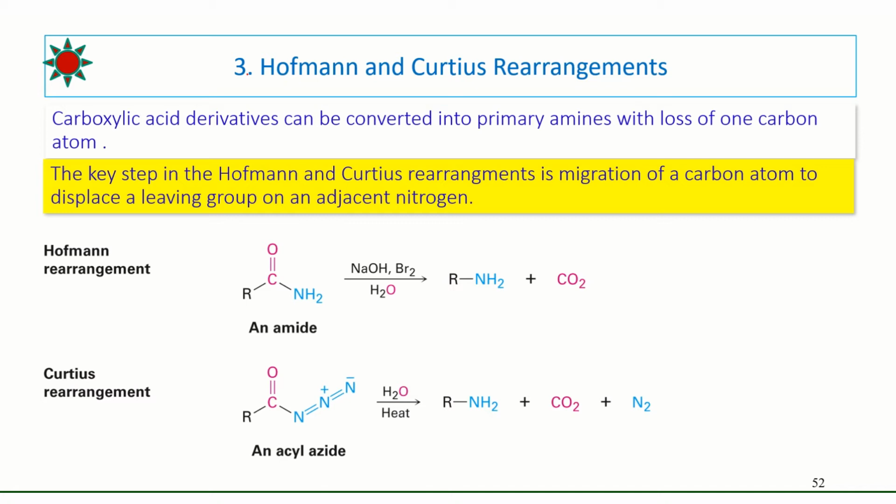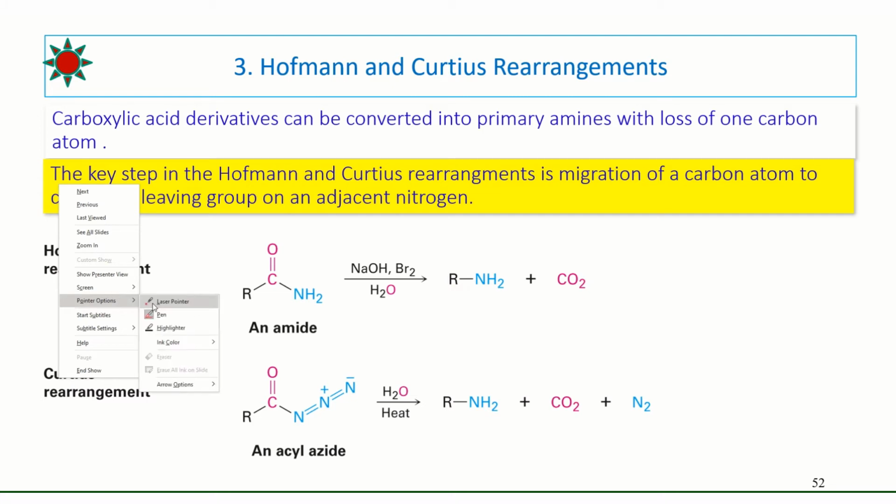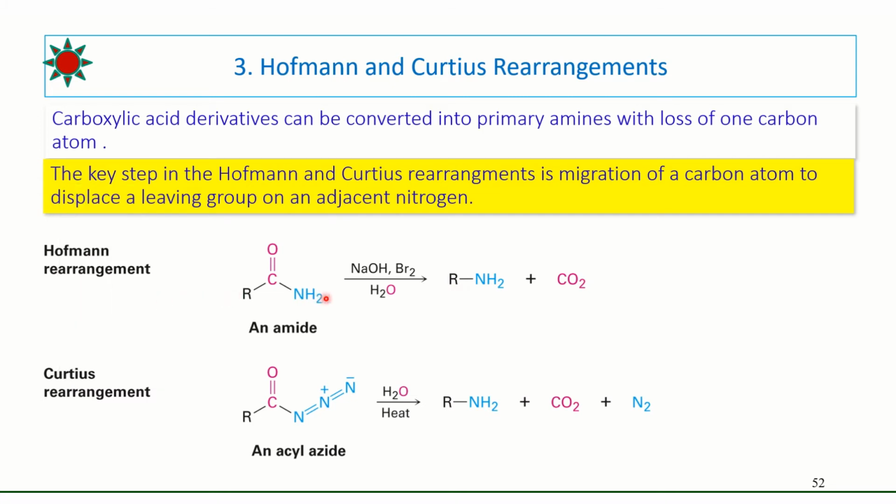We can generate these amides from any carboxylic acid derivative, and we can convert them into primary amines. So here's our amide, the product of some sort of carboxylic acid derivative, and here's our primary amine.